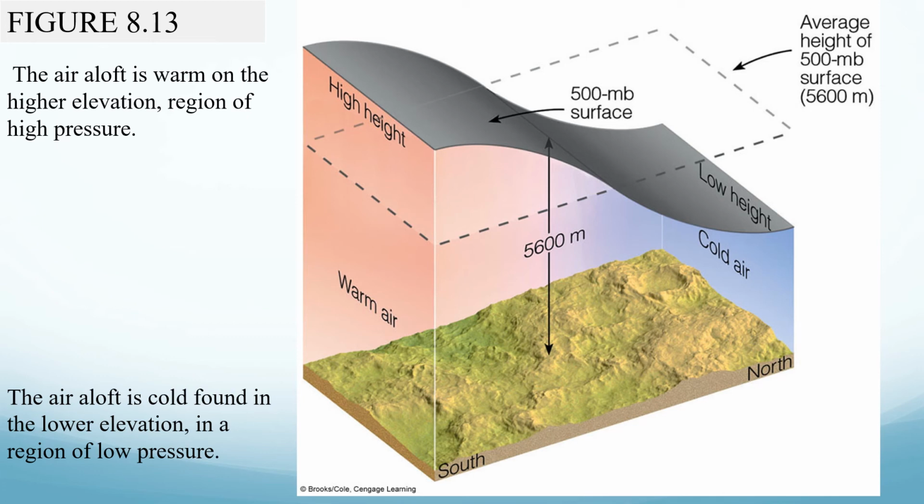Notice that in the warmer, less dense air, the 500 millibar pressure is found at a higher elevation or higher altitude than the average, while in the colder, more dense air it is observed a little bit lower than the average level.